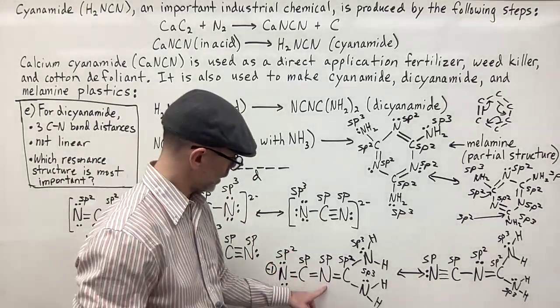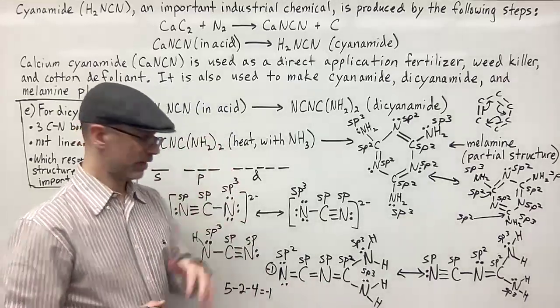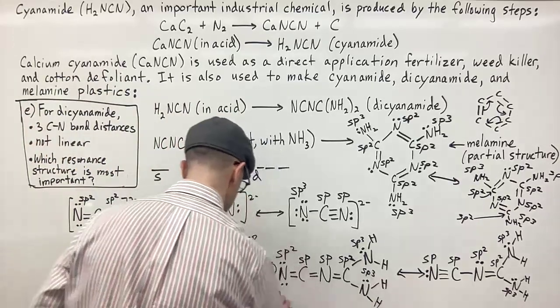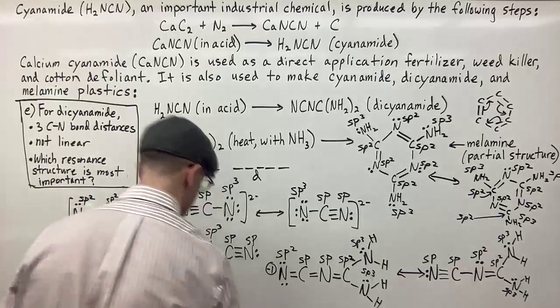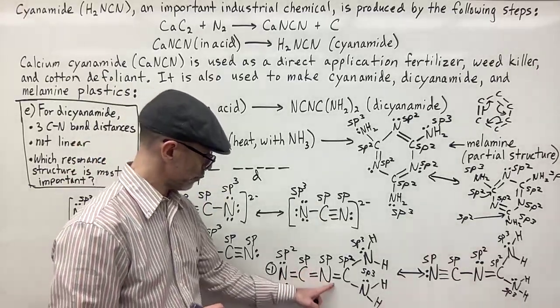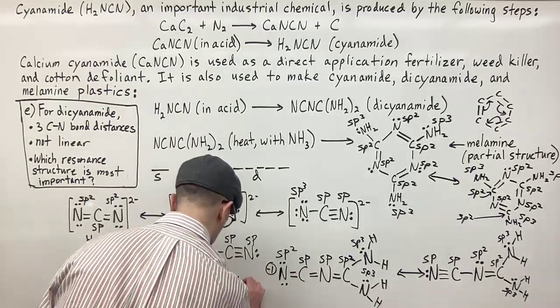And then for this nitrogen, again, same idea. So we start with 5 valence electrons. I'm going to subtract out 1 for each bond. So I have 1, 2, 3, 4 bonds. So subtract out 4.